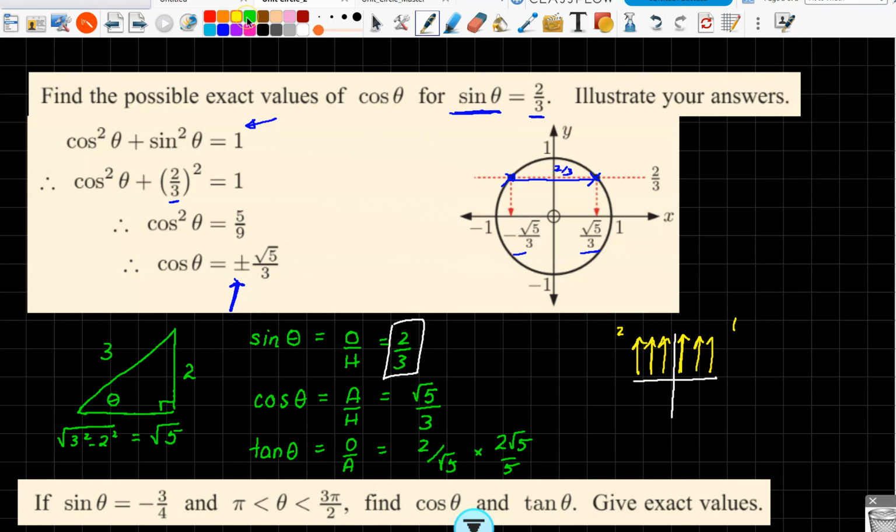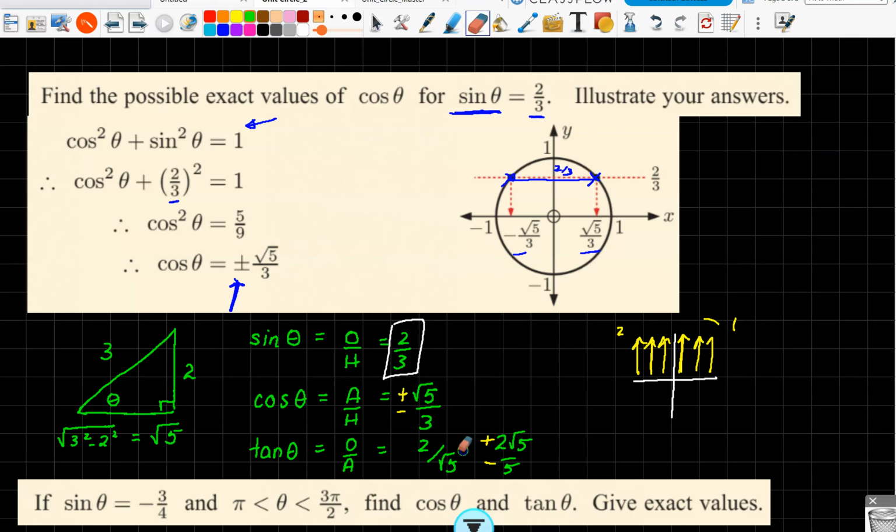Now, what is cos theta in these quadrants? Well, cos is positive on this side, but it is negative on this side, so therefore definitely will be plus or minus. And similarly with tan, it will also be plus or minus. I know I've got that little, that should be an equal sign there.